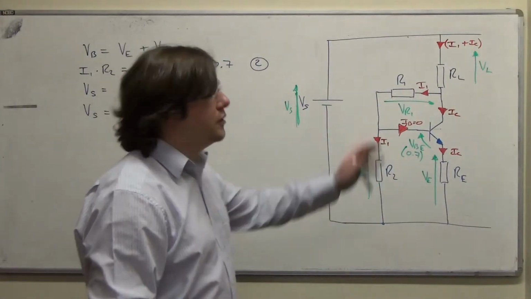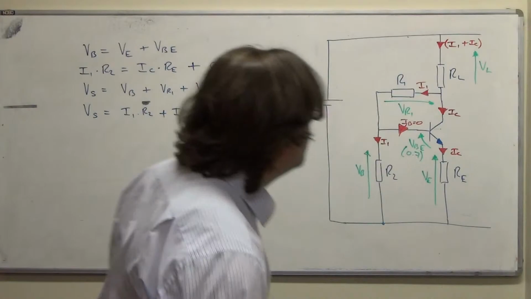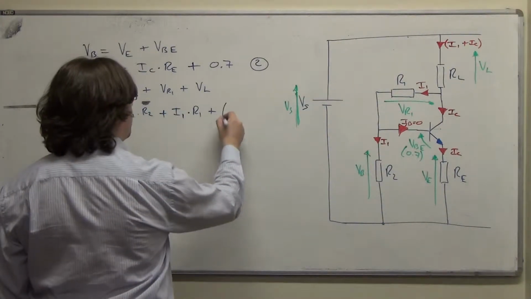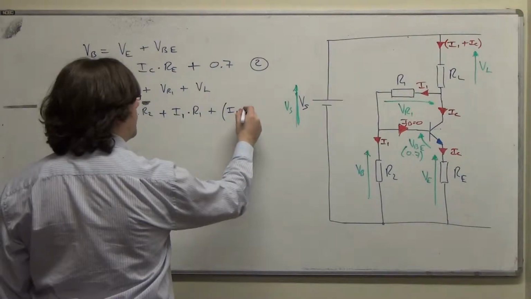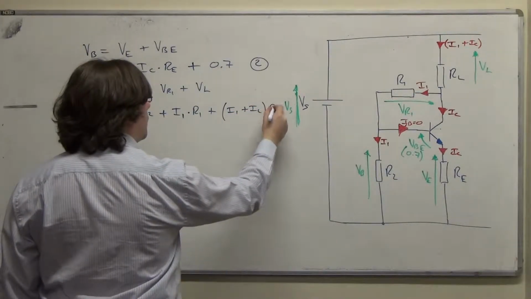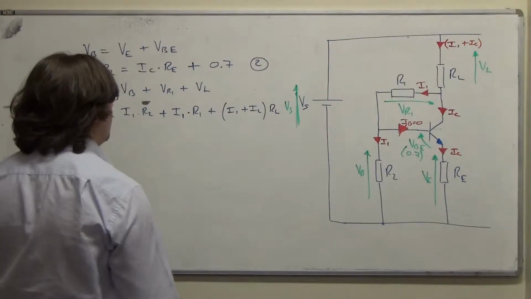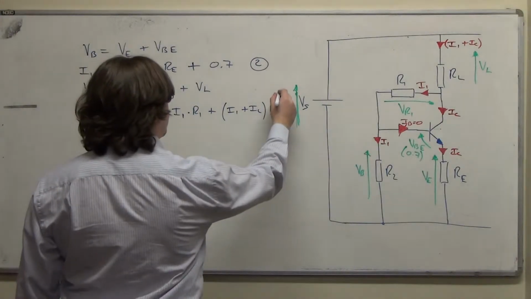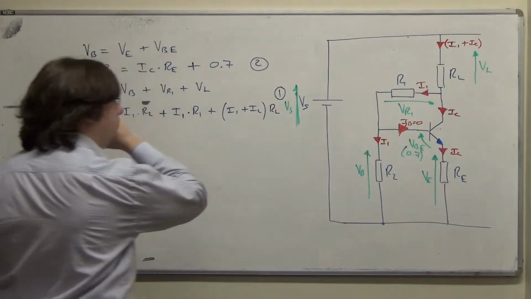If you want to, you could give it a name like IL, but I'm not gonna. I'm gonna write that straight in. I1 plus IC times RL. And I think in the notes that I give out, that's called 1.